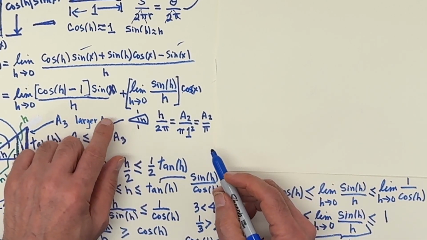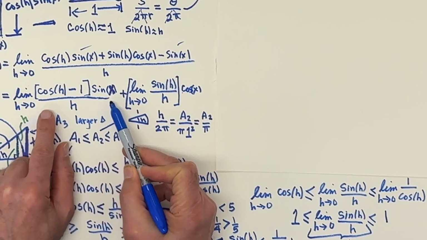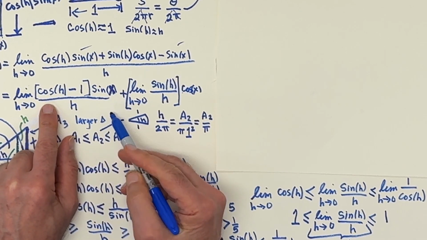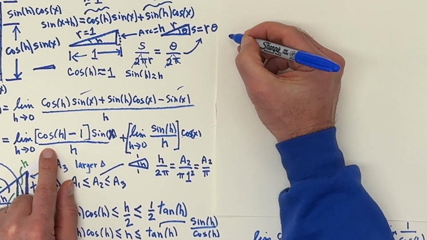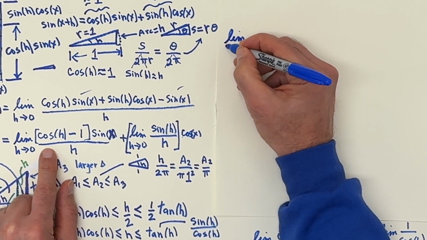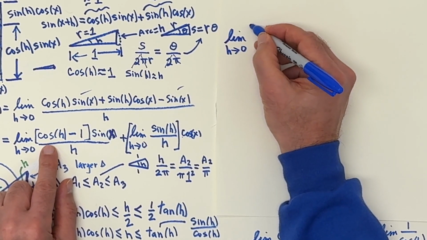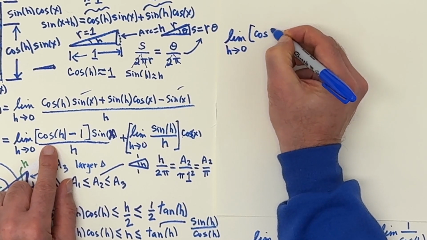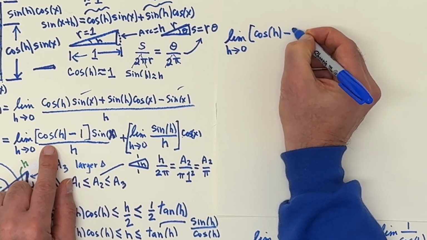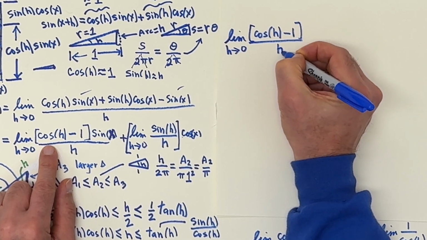And now the last piece is going to be this one here. So let me copy this one over again. The limit as h goes to 0 of cosine of h minus 1 over h.